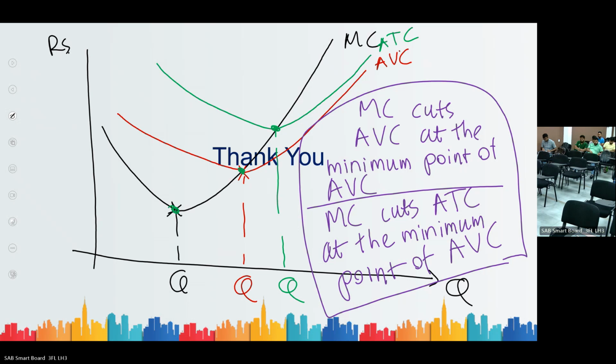MC cuts ABC at the minimum point of ABC. MC cuts ATC at the minimum point of ATC.